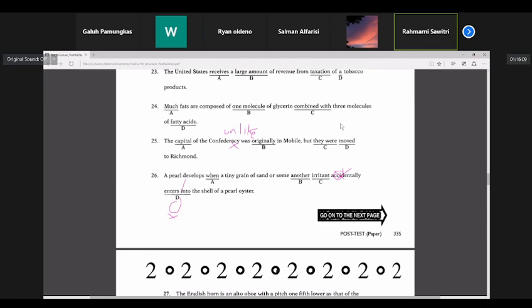"Some another irritant." We see, a pearl develops when a tiny grain of sand or some other, it should be, yes, B: some other irritant accidentally enters. Okay.